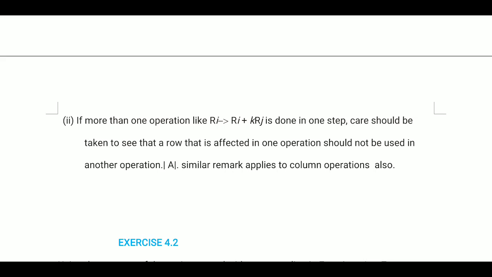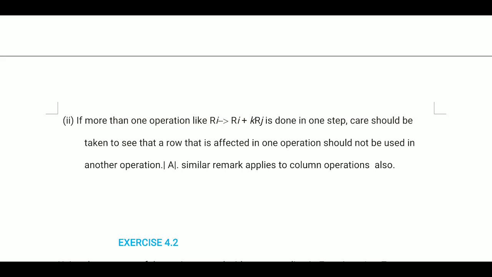Second, if more than one operation like Ri becomes Ri plus K Rj is done in one step, care should be taken to see that a row that is affected in one operation should not be used in another operation.